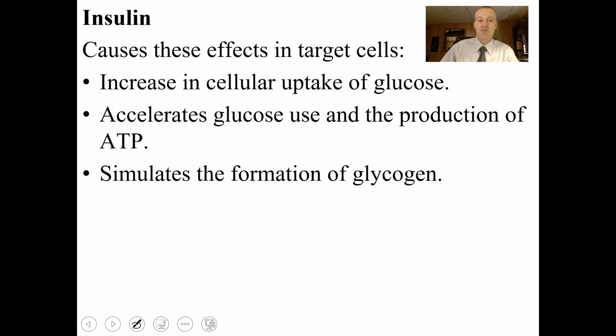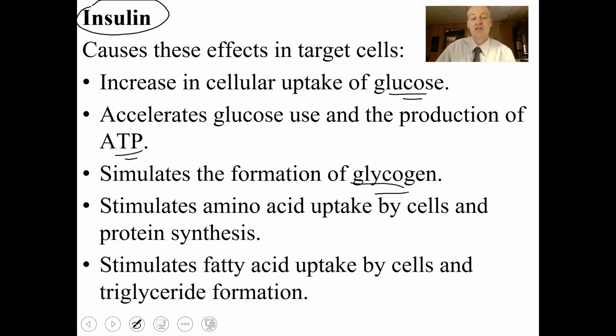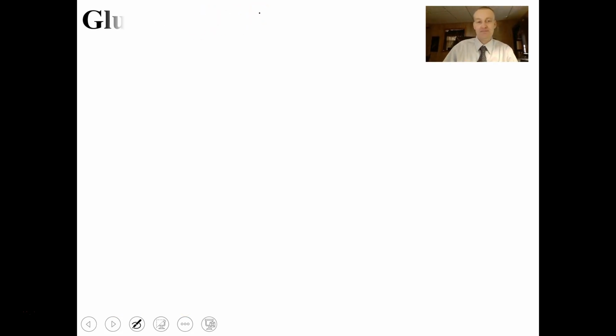Okay, so after you eat a big meal, you want nice large quantities of insulin to be secreted so you can uptake that glucose, utilize that glucose to make energy, and then if there's excess amounts of it, you can make glycogen and store it for later usage. Insulin also stimulates amino acid uptake by cells and also protein synthesis. And additionally, it stimulates fatty acid uptake by cells and then triglyceride formation. So insulin, really good after you eat.